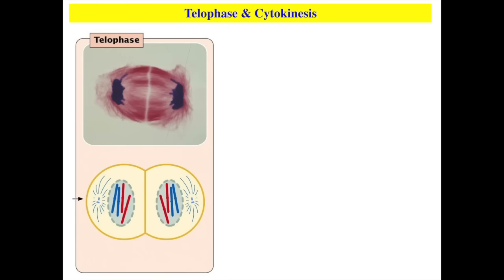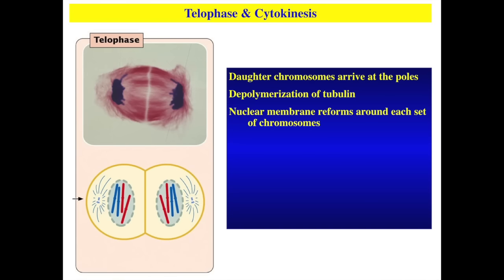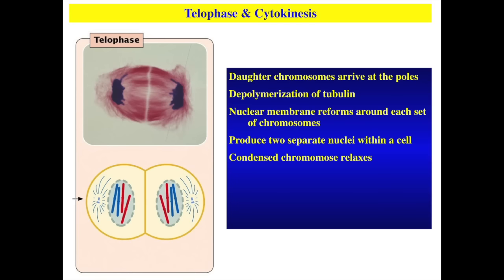During telophase and cytokinesis, the daughter chromosomes arrive at the poles. The tubulin that made up the spindles is depolymerized. The nuclear membrane reforms around each set of the chromosomes, and this produces two separate nuclei within one cell, at least for the time being.